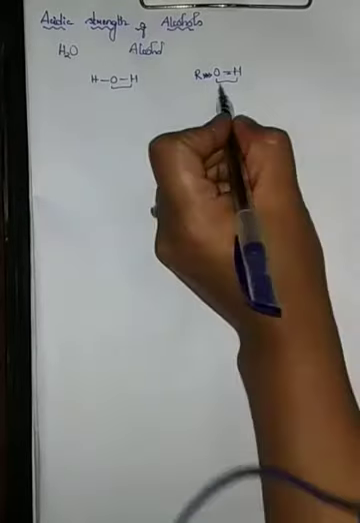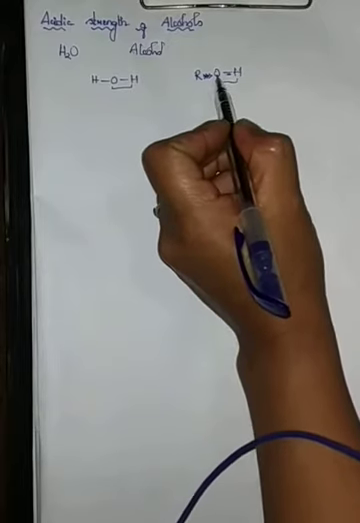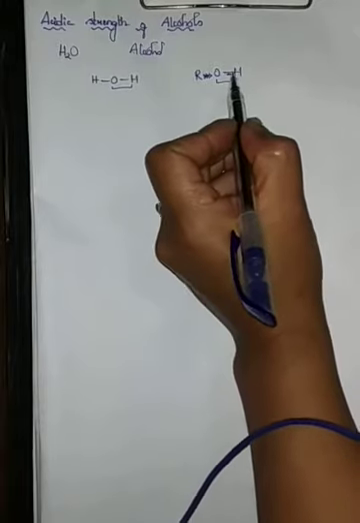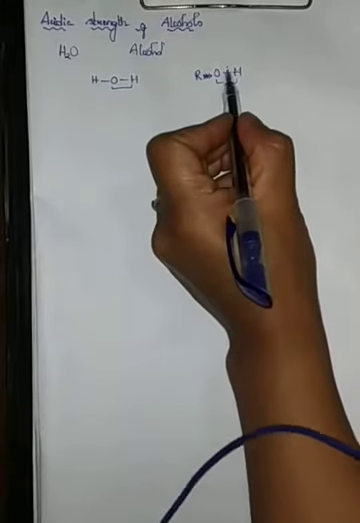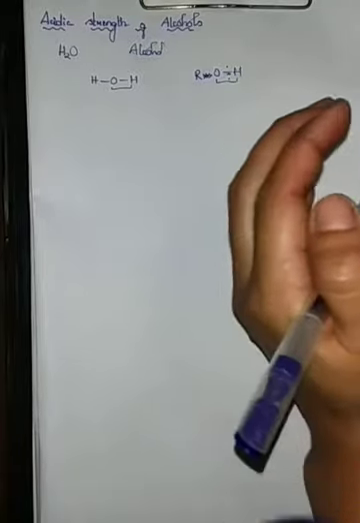The polarity of the OH bond decreases, and therefore the breaking of this OH bond becomes difficult. Thus, we can say that alcohols are weaker acids than water.